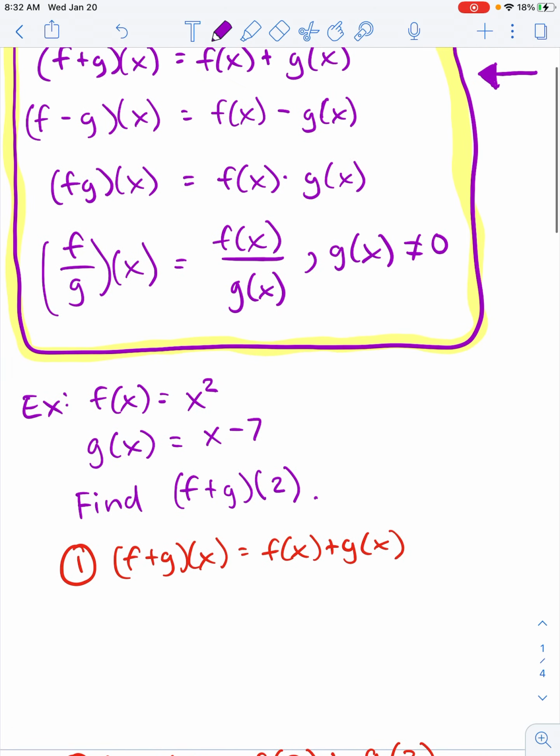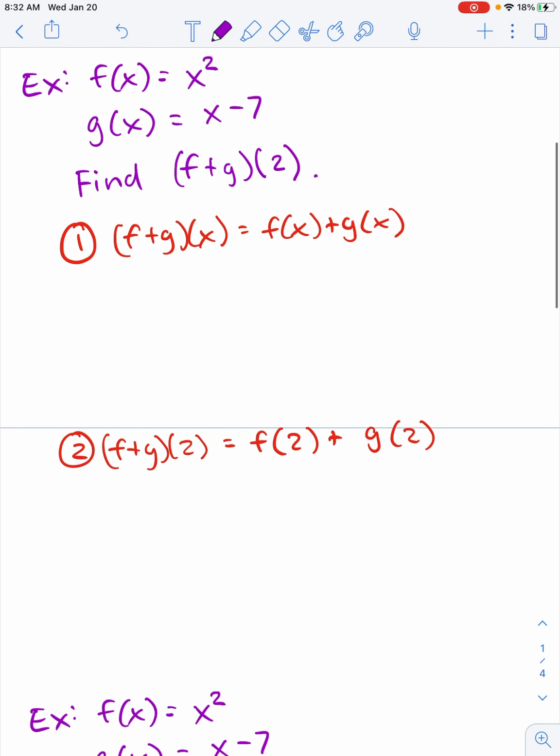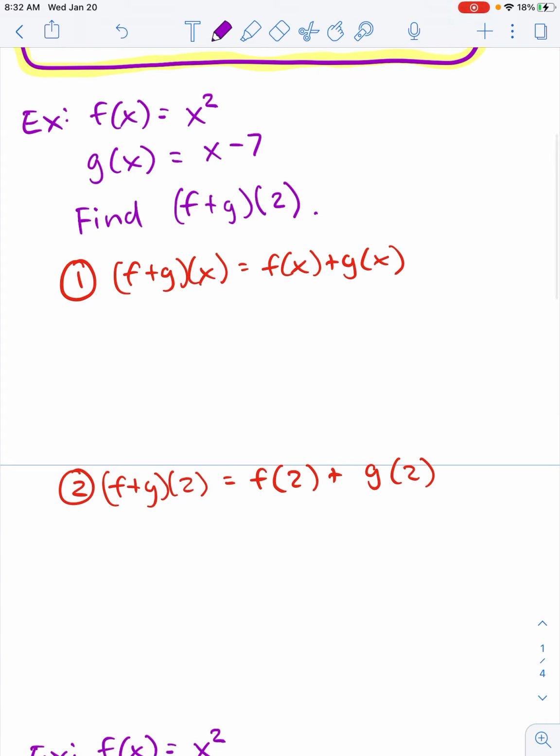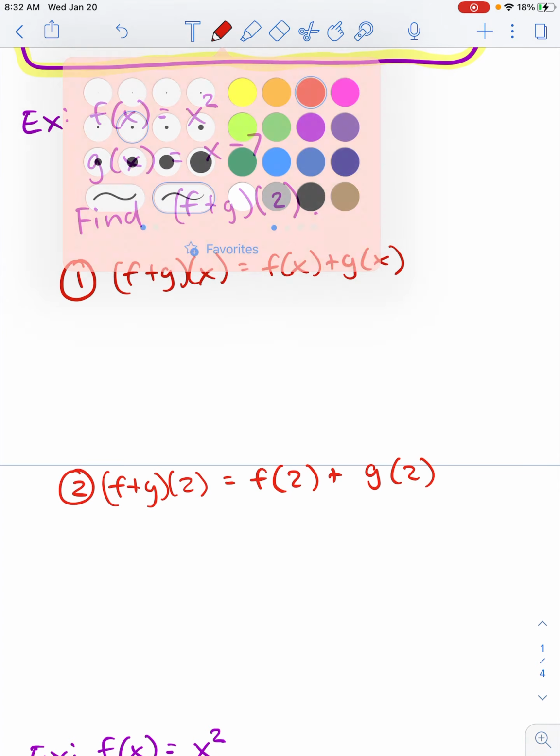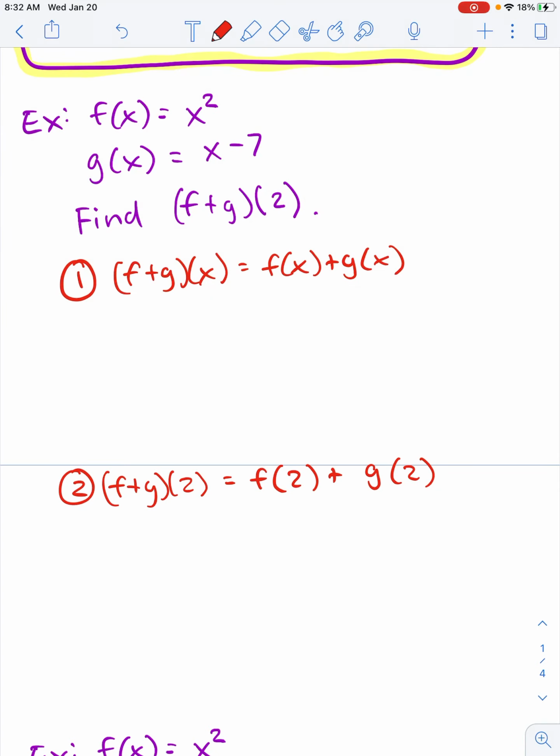problems we'll see. Okay. So in this first example, I have two functions. I have f of x and I have g of x, and I want to find what f plus g of 2 is. So there are two ways I could do this. First, I could start with my function operation definition. So if I want f plus g of x, that's going to equal f of x plus g of x.